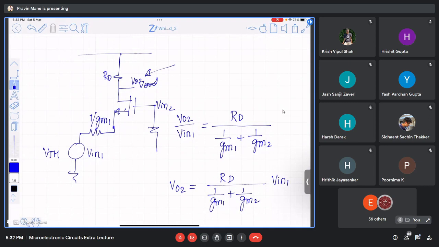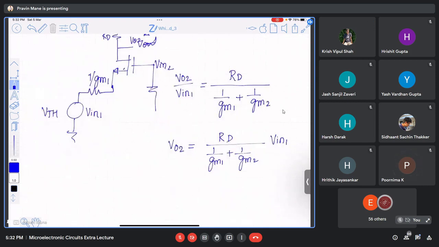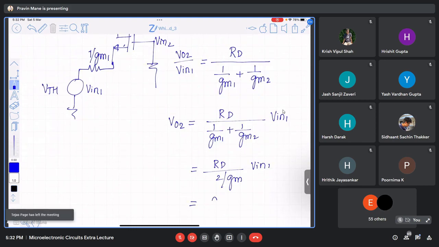This is because of Vin1. And what is the relationship between gm1 and gm2 in case of a differential amplifier? Same. They are the same. So I can replace this by RD upon 2 by gm into Vin1, that is gm RD divided by 2 into Vin1. Got it?